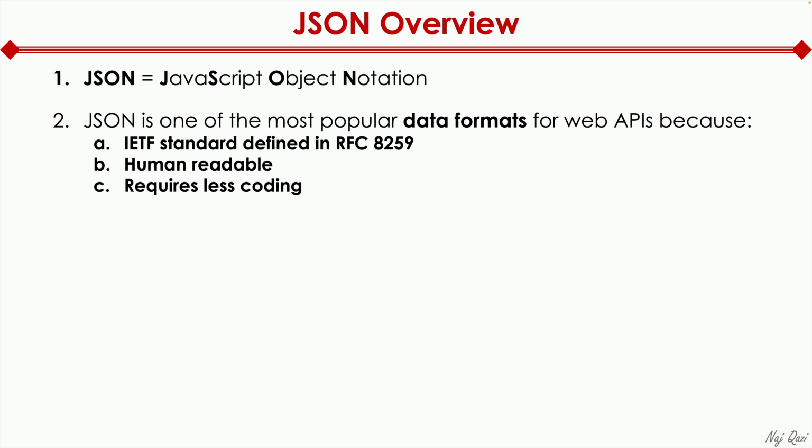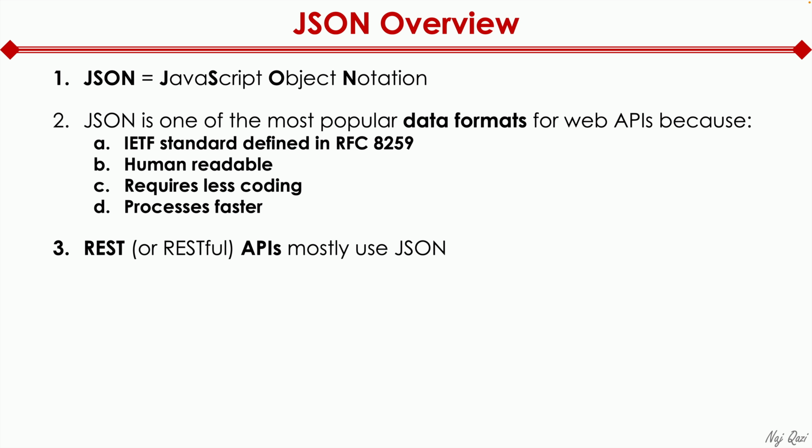It requires less coding, which means you don't have to be an expert software developer to write JSON scripts. And JSON processes faster on machines. So whether you're using a $10,000 desktop machine versus a $500 cell phone, it's going to get processed very fast and very efficiently. REST or RESTful APIs mostly use JSON, and that's what makes JSON so popular as well.